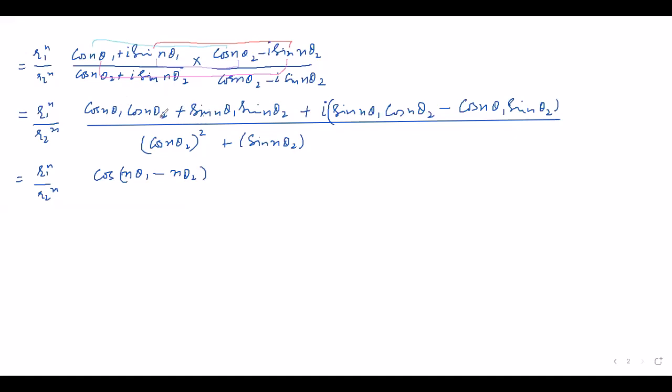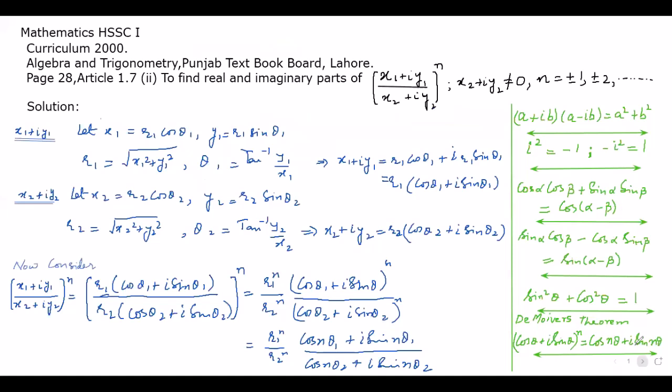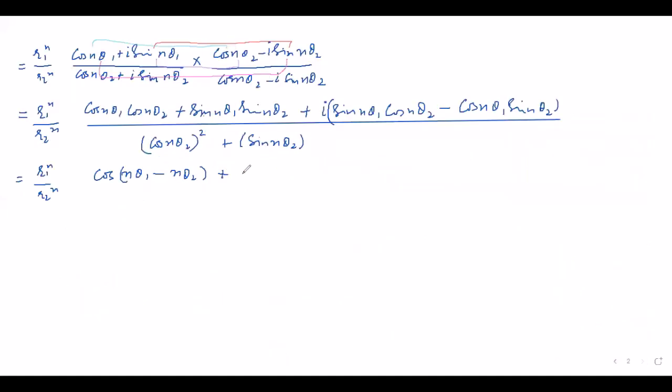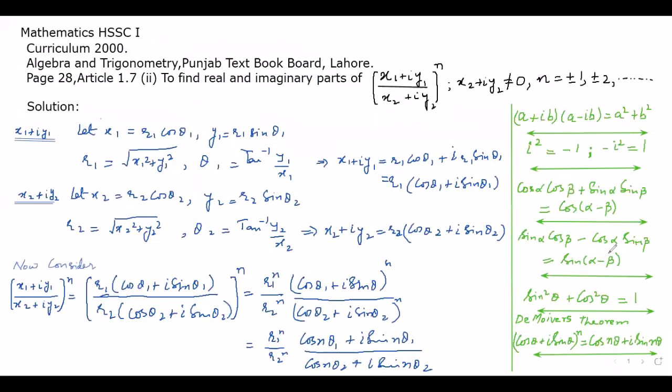Cos n theta 1 cos n theta 2 plus sin n theta 1 sin n theta 2 will become cos of n theta 1 minus n theta 2 by the application of this result. After this, let's apply the second result and we will get sin of n theta 1 minus n theta 2. Sin n theta 1 cos n theta 2 minus cos n theta 1 sin n theta 2 will become sin of n theta 1 minus n theta 2 by the application of this result.